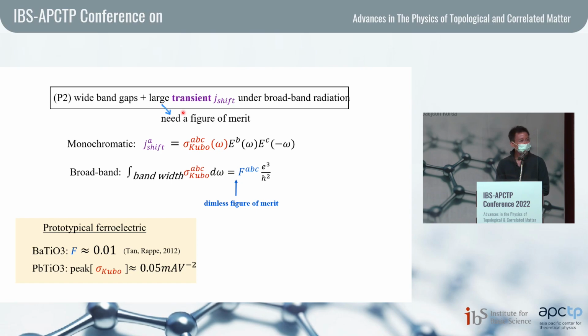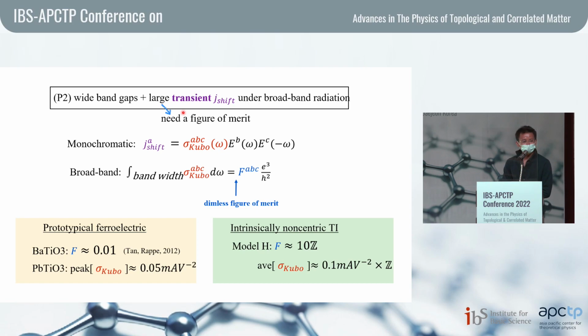So what are the typical values? If you consider a prototypical ferroelectric like barium titanate, F is about 0.01. There's a calculation by Tan and Rappe. If you look at the peak in the frequency of this conductivity of, say, a related ferroelectric, lead titanate, it's about 0.05 milliampere per volt squared.